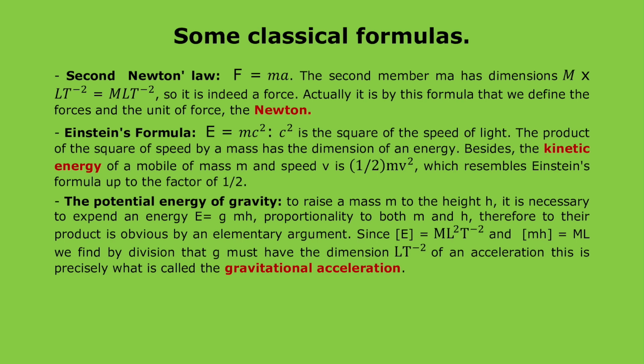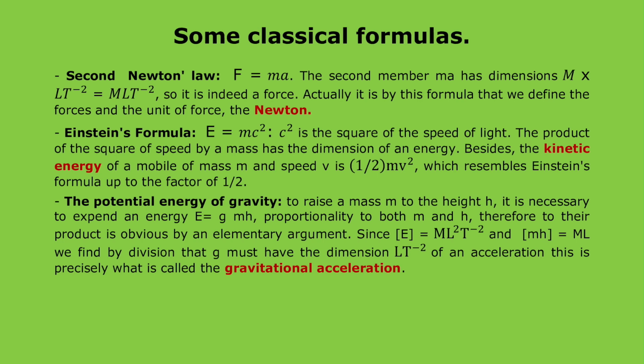Potential energy of gravity. To raise the mass m to the height h, it is necessary to expend an energy E equal to g m h, where proportionality to both m and h, therefore to their product, is obvious by an elementary argument.